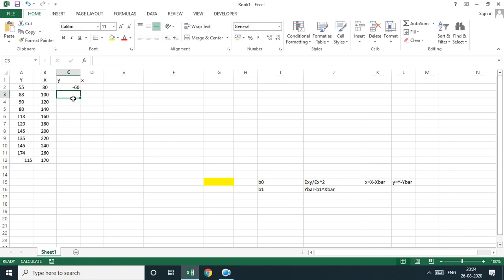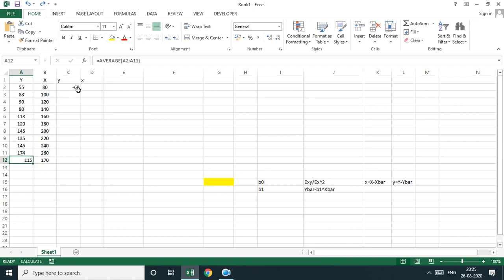Then if you drag it, you won't get the right values, you will get errors, because the same value is repeating here. So this is a mistake, I am undoing it. The thing is that these y values are changing, but x bar is not changing, it is constant.